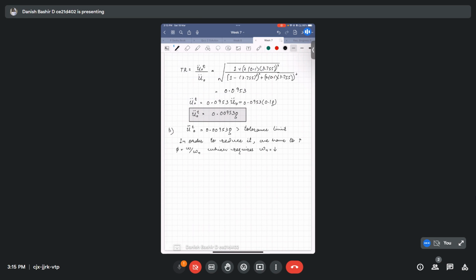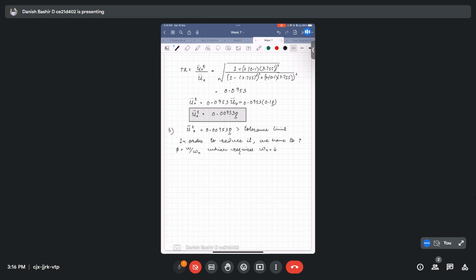We cannot do anything with omega because it is the instrument's frequency, which is 10 hertz. But we can play with omega n through the stiffness and the mass on which it is mounted.